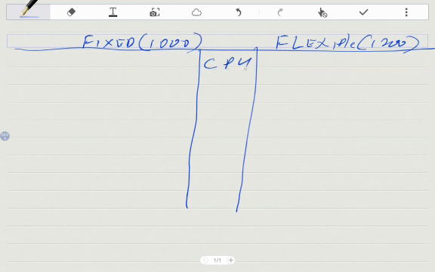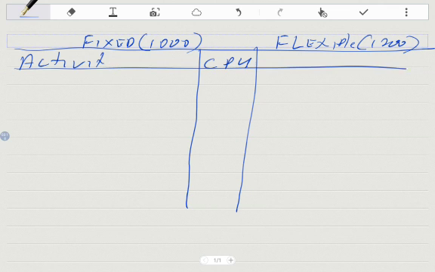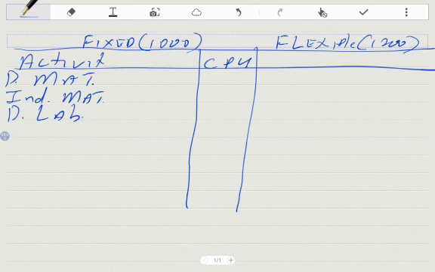The other activities that we have: the first one, direct material, then indirect material, and also direct labor, and also indirect labor.